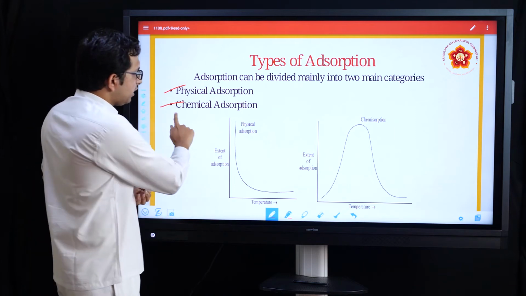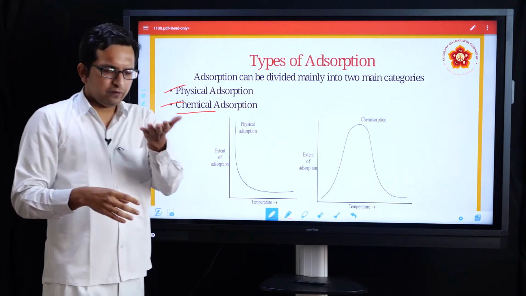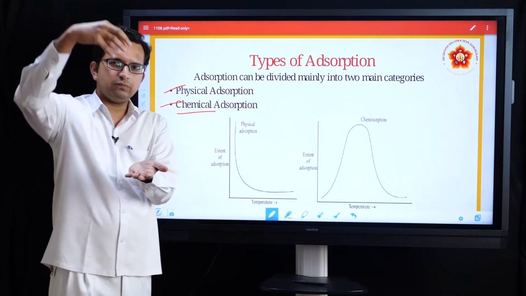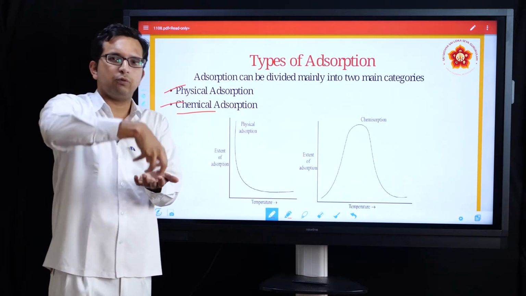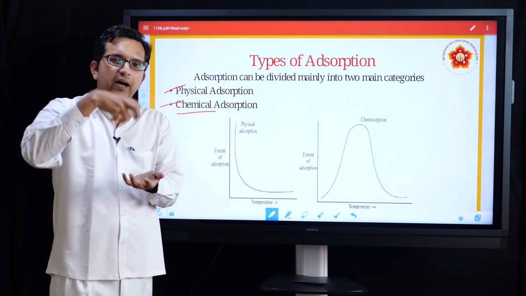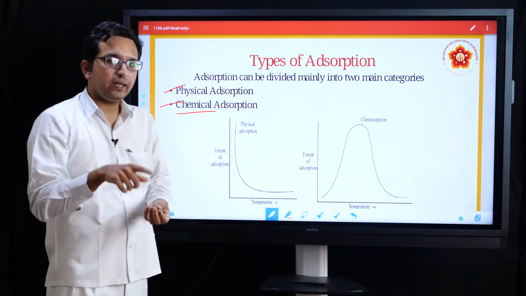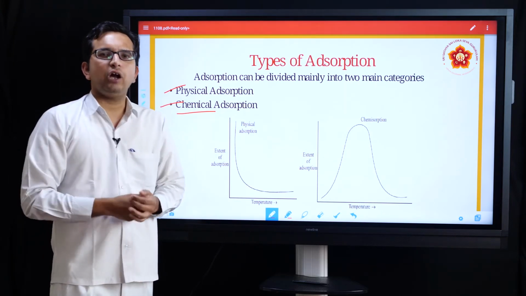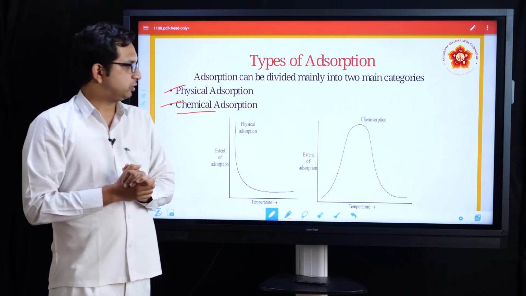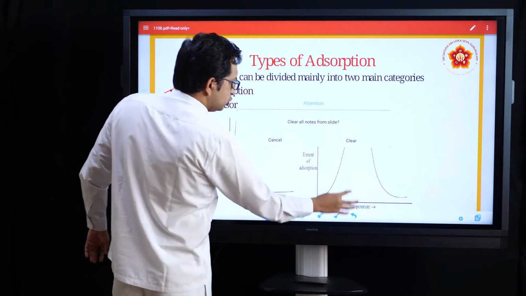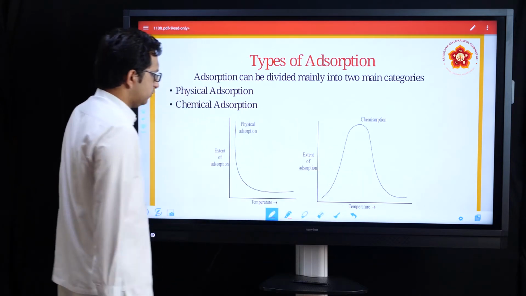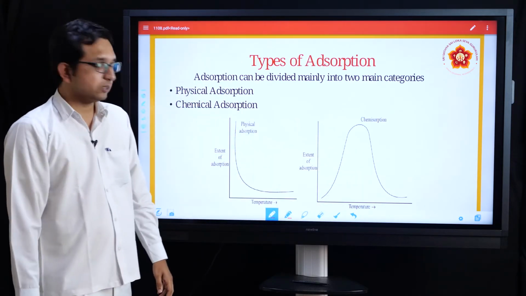Whereas chemical adsorption means whenever a surface comes in contact with the molecules, or the other way around, when the molecules come towards the surface, they are attracted together by chemical bonding or chemical forces of attraction. A small graphical representation is shown here with respect to physical adsorption and chemical adsorption.